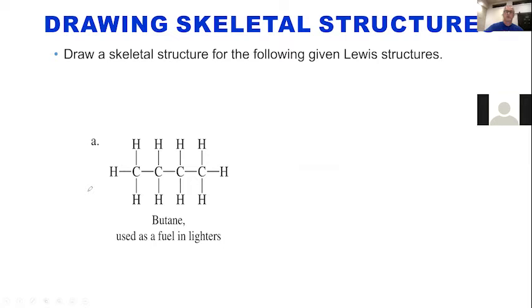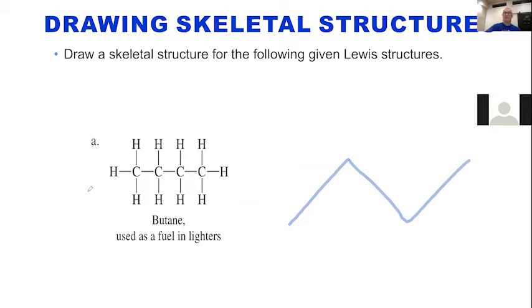So I start down here and then go up. So that already I've got 2 carbons. Then back down 3, and then back up 4. So if there's nothing else there other than hydrogens, I am finished, basically. And so this is pretty much the simplest way to represent butane.